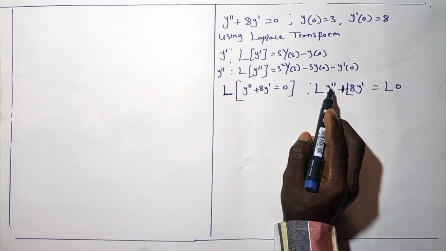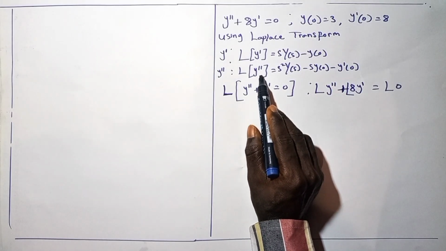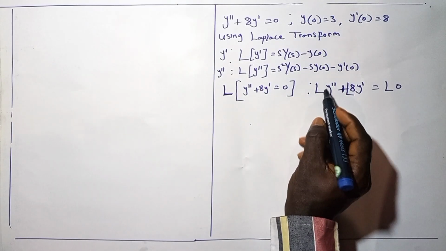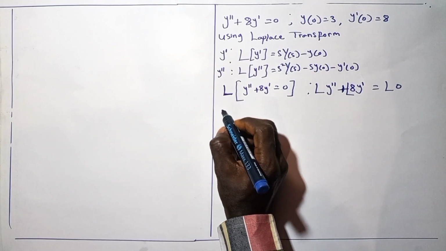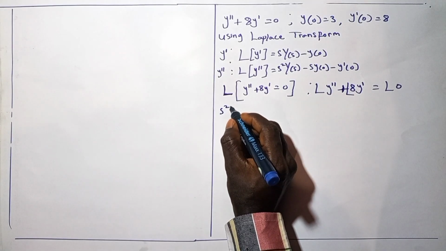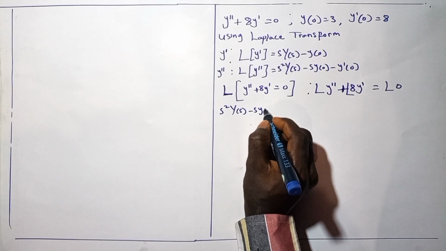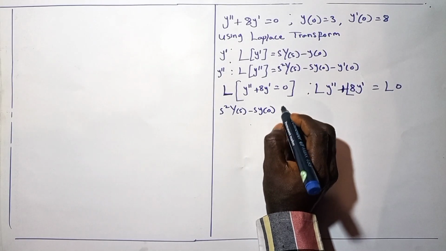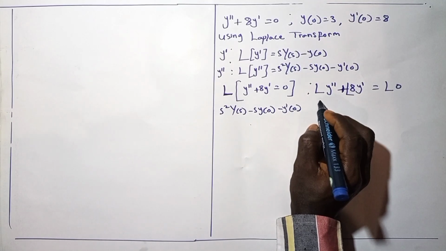So like I said, from our standard transform of this differential equation, the Laplace of y double prime will be s squared Y of s minus s y of 0 minus y prime of 0.